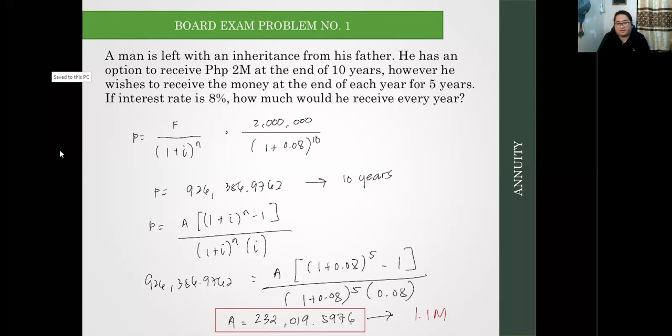Kung nag-antay ka ng 10 years. Okay? Eh dahil pinabilis na yung pag-receive ng pera, so syempre dahil sa interest, naging 232,000 per year yung kanyang pera, and then sa loob ng 5 years, 1.1 lang yung total niya. So lugi siya ng 900,000. Okay?